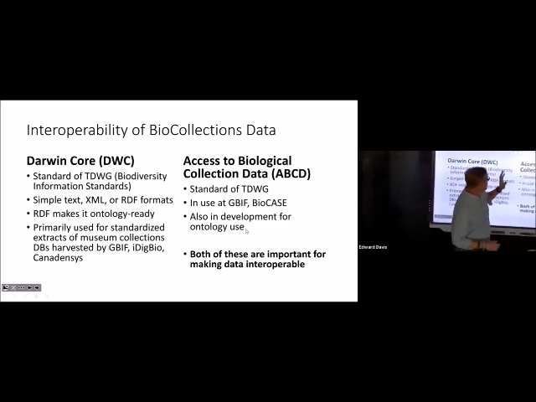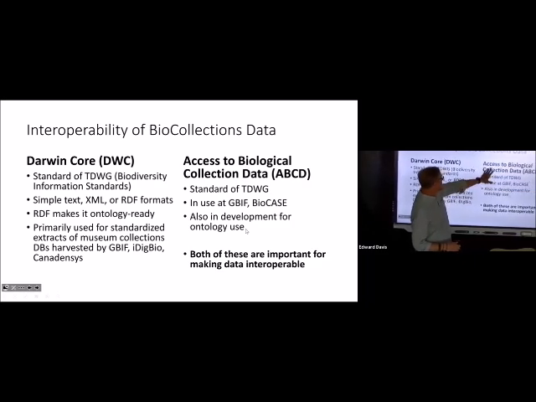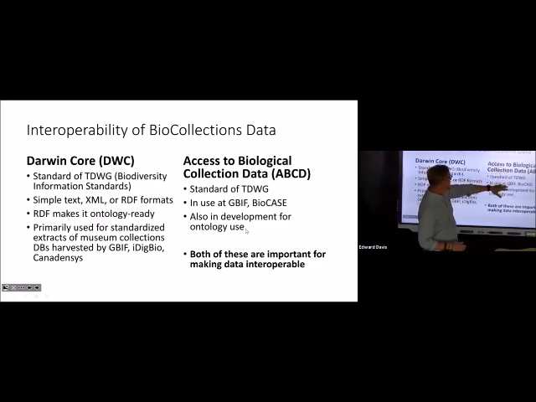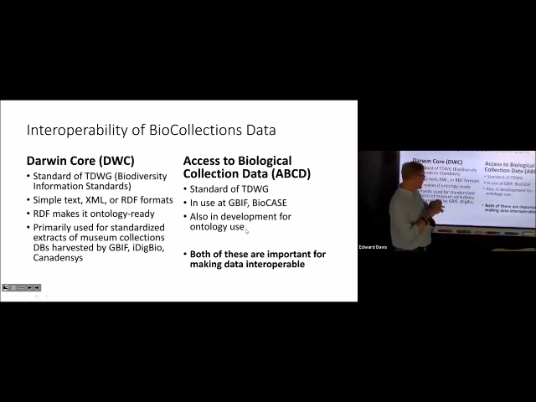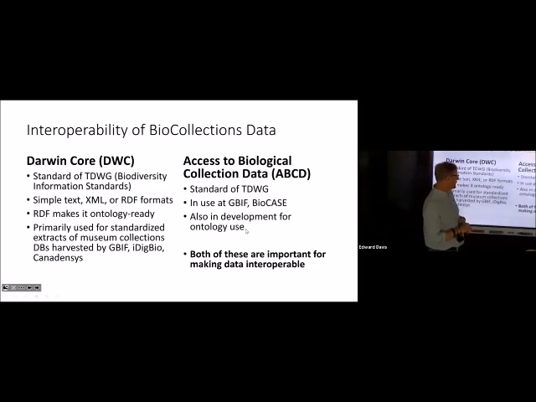There's another format, which is the ABCD, Access to Biological Collections Data standard, which is very similar to Darwin Core, but different because of the way it's being used. As far as I understand it, it is the backbone of GBIF, the Global Biodiversity Information Facility, and BioCASE, which is a consortium of museum databases that's focused in Europe.